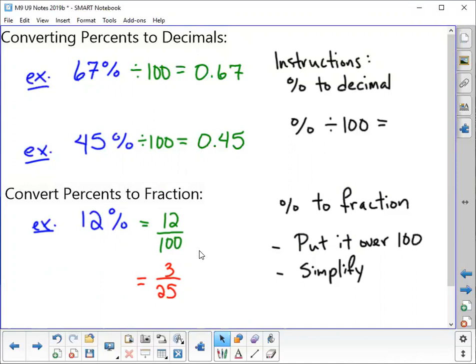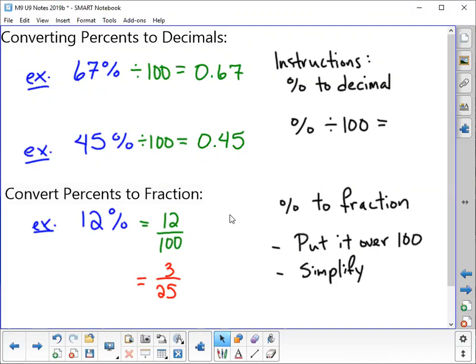If you simplify that out or you turn it into a decimal, you get 3.25. 12 100ths in this case does simplify down to 3/25. Both 12 and 100 are divisible by 4.